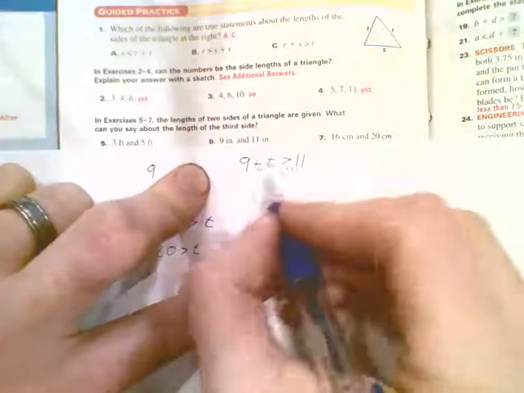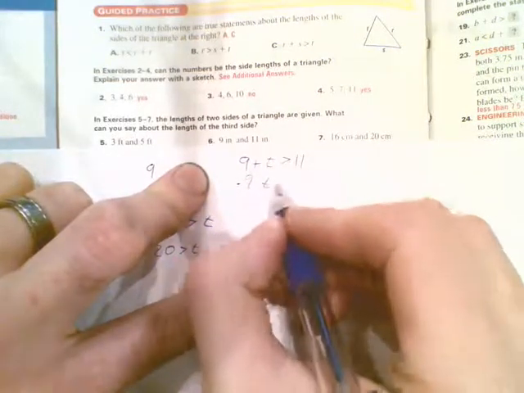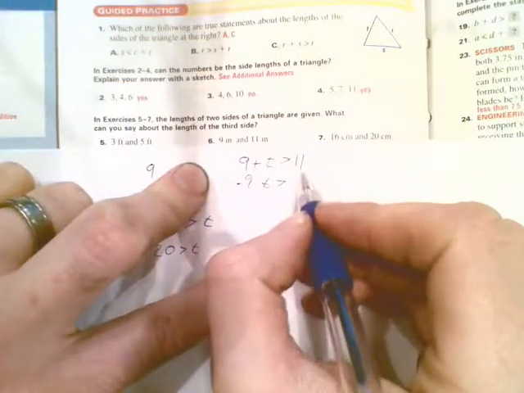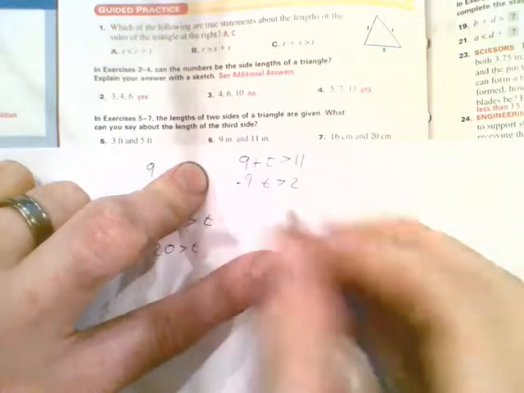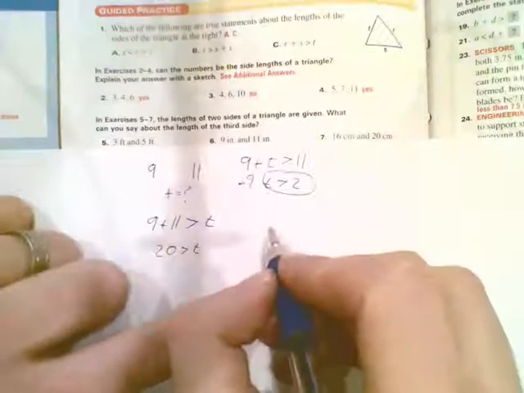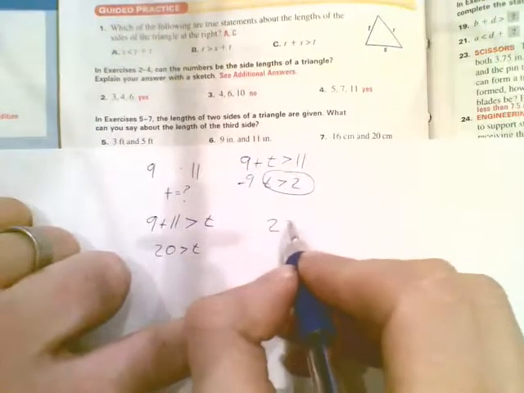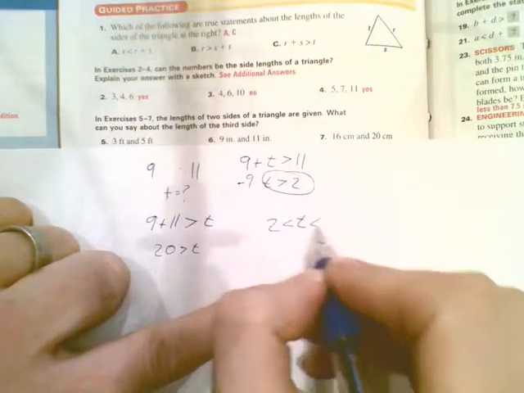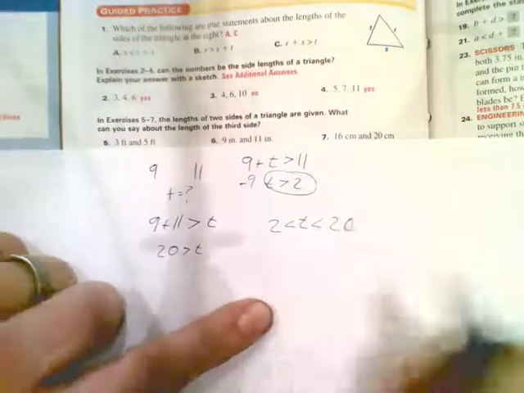So now subtract 9 from both sides. T has to be greater than 2. T is greater than 2 and T is less than 20.